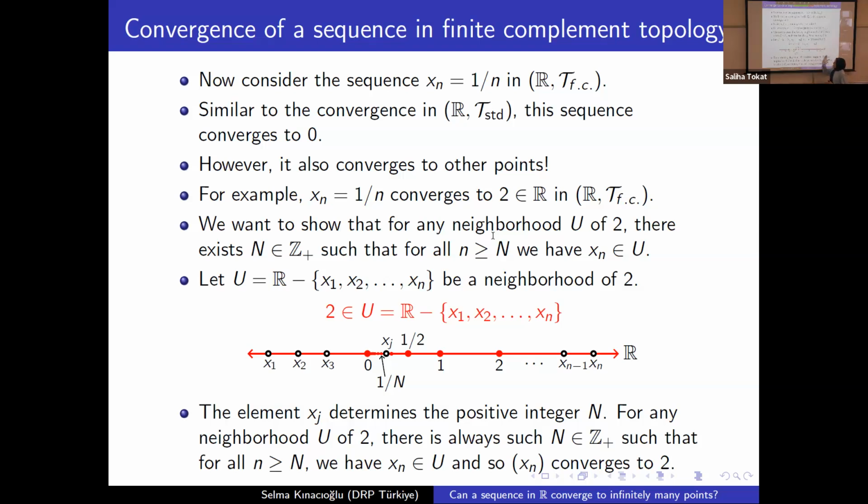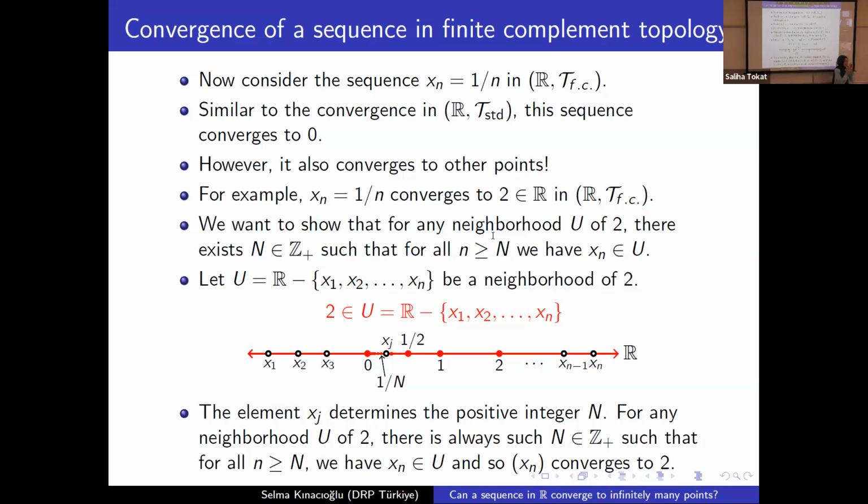So here, let us define U, any open set, any subset in a finite complement topology, that has to contain 2. When I consider the finite complement here, you can consider this red line. As I said, the sequence converges to 0, but now I decided to converge to 2.